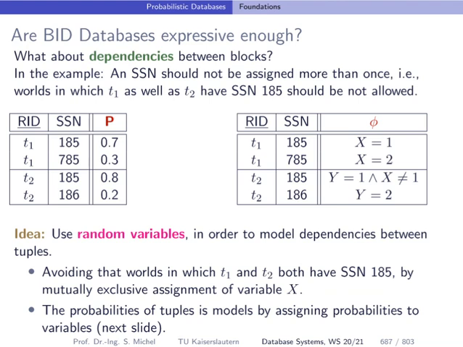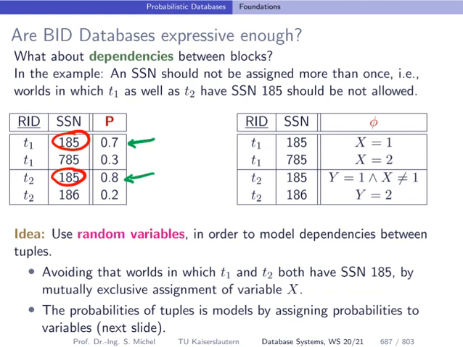Well, if you're looking at this example with a social security number, we have a 185 here and a 185 here. However, we know from our experience from administrative tasks in whatever countries' administrations that in the social security numbers, there cannot be 2 people with the same number. So it cannot happen that this tuple is in our possible world and this tuple is also in our possible world. They are mutually exclusive.